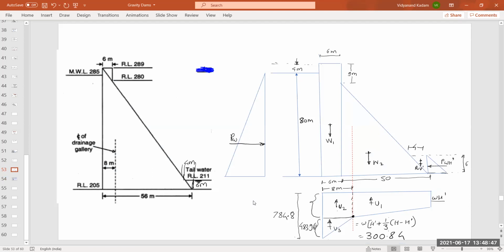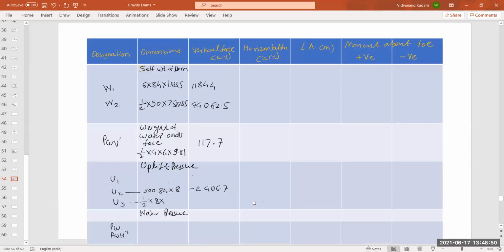Height is 483.96. So now tell me what is U3 value. Yes, correct. U3 value is 1935.84. And this force is again upward and sign convention is negative.